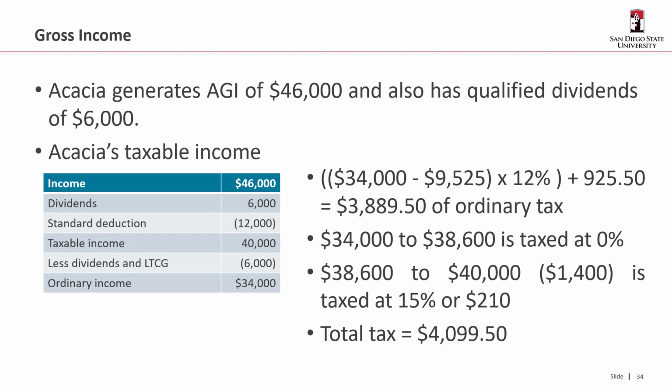And then the amount in excess of the 38,600, or $1,400, up to the total taxable income of 40,000 would be taxed at 15%, resulting in a total tax of $4,099.50, which is the $3,889.50 of tax on the ordinary income and the $210 of tax on the qualified dividends.